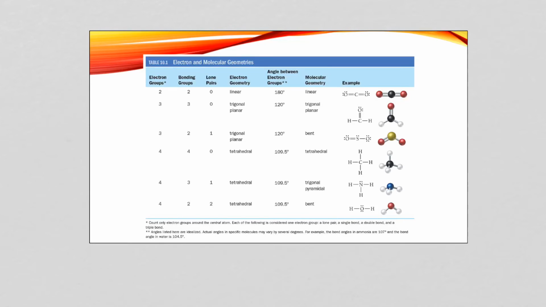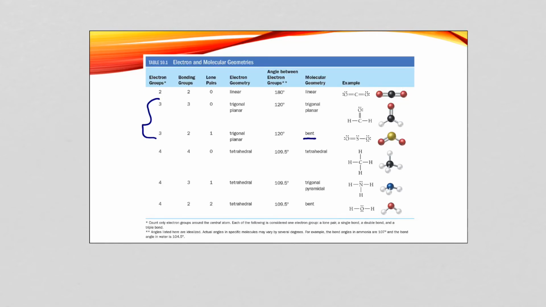If we have 3 electron groups, we could either have 3 bonds, like we saw, and that's going to give us a trigonal planar geometry with 120 degree bond angles. But if we have 2 groups and 1 lone pair, it's still a basic trigonal planar shape, but we call it, again, a bent.